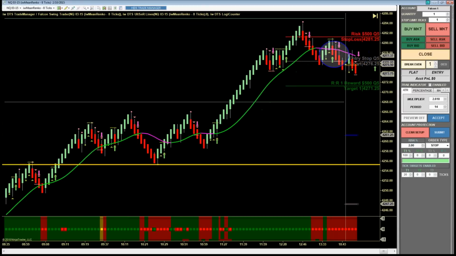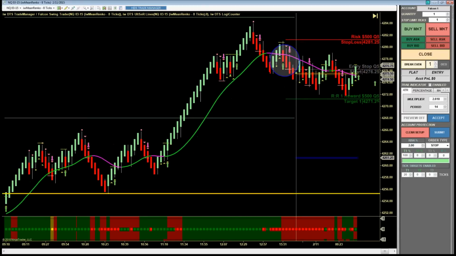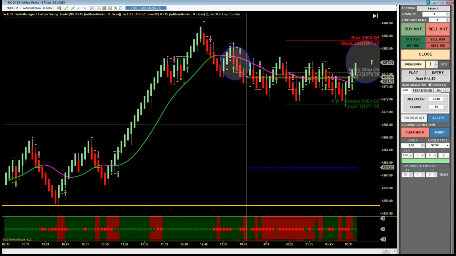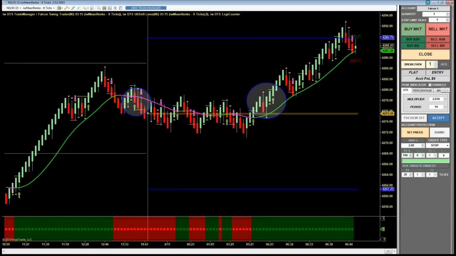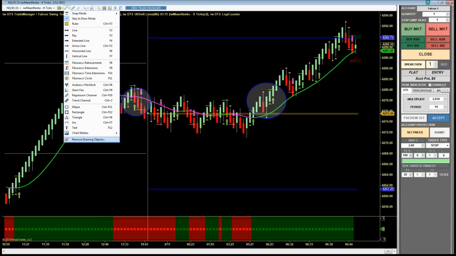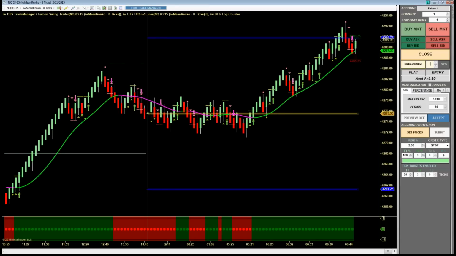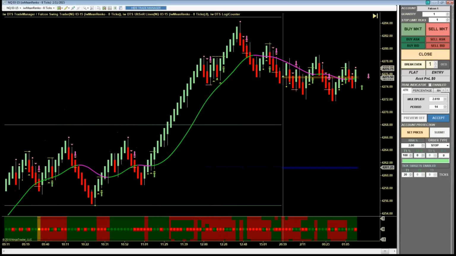You see here we have a trend change signal to the downside, and even though it struggled, I wonder if it got low enough to find our target. Not a signal I would have been that interested in taking because it is counter trend, but let's just see whether or not we got low enough to hit our target. Oh, come on, get down there. Oh, a little bit of struggling, but we finally hit our profit objective before the market turned.